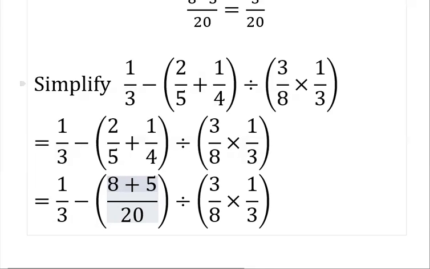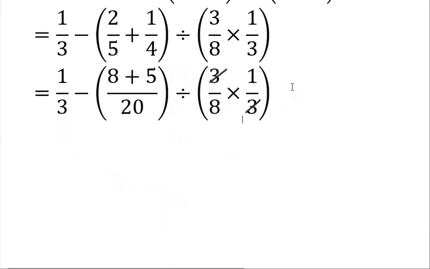To make our job easier, since 3 can cut here and 3 can cut here, we'll be left with what? 1/8 in this bracket that we have here. Awesome.